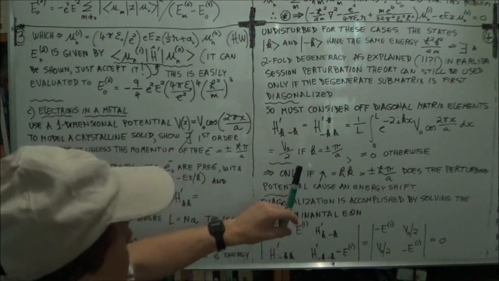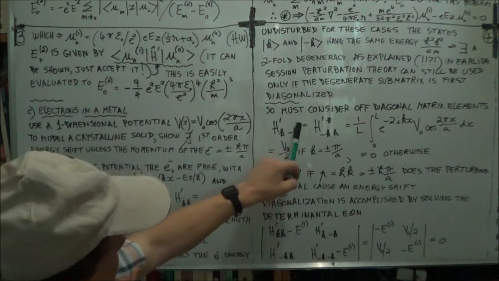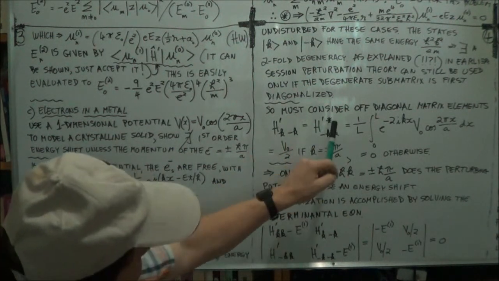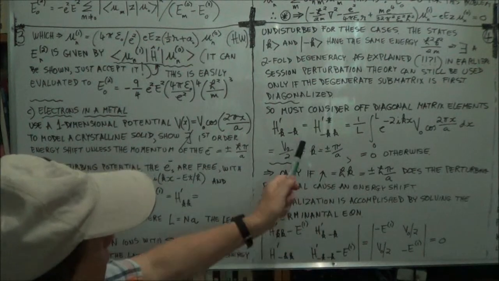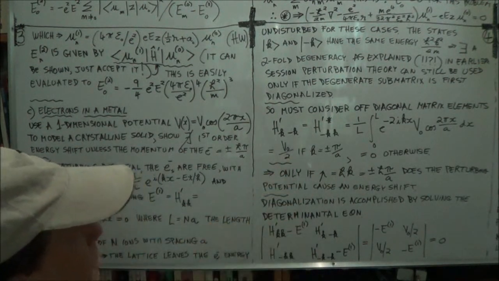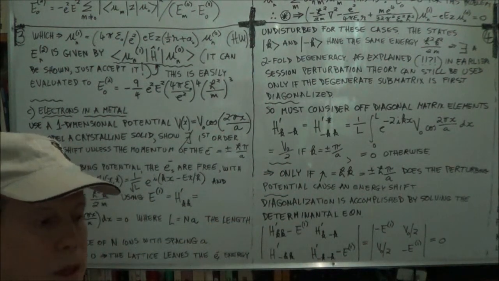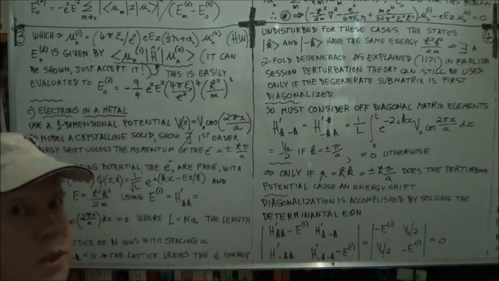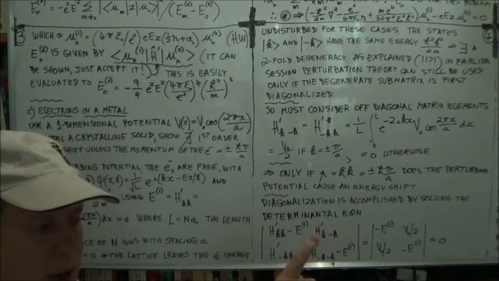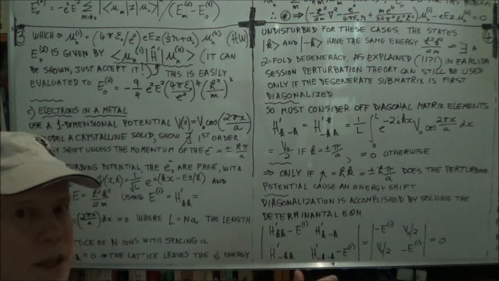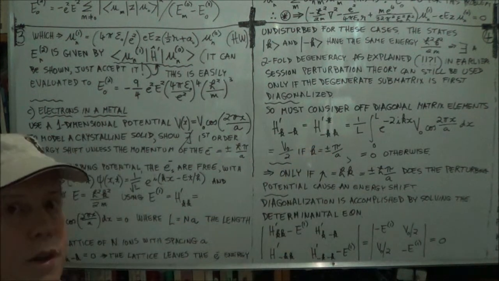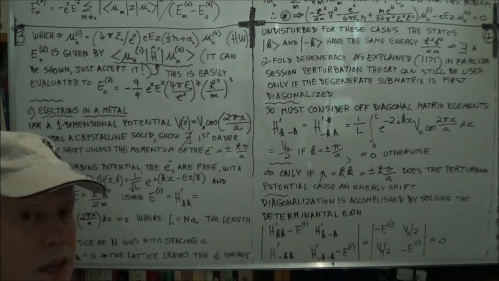Right? Now, if you look at the definition of this term, it's just this. Okay? So what have you done? You just swap these two around. But if you reverse the order of the bra and the ket, if you have bra A, ket B, that's the conjugate of bra B, ket A.